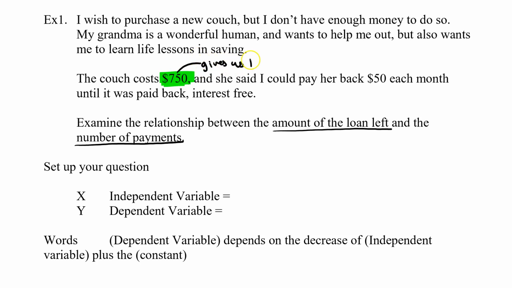That's my short form for dependent variable. So it's in dollars. So the amount of loan left or the number of payments that have been made. This one right here, that's going to be in dollars. So we know for certain that this is going to be our dependent variable.